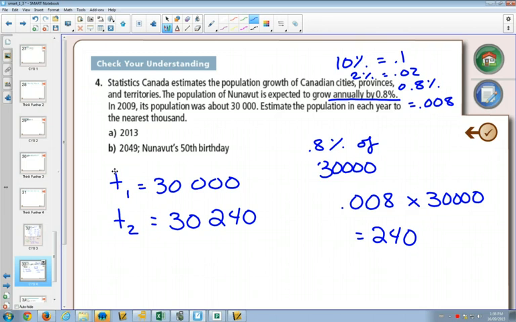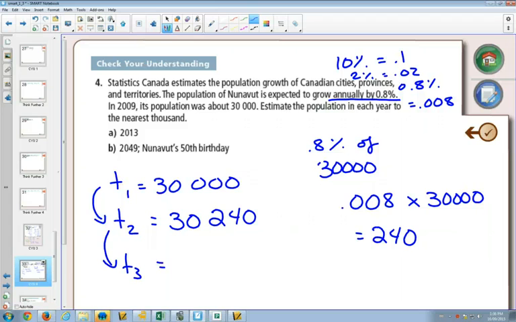It's going to ask for 2013, but you would have to go from there and add 0.8% to 2010. And then you'd have to add 0.8% to the next one. So we could keep doing this process from here to here, and then find term 3, which will be 2011, and then term 4, which will be 2012, and then term 5, which would be 2013. Or we could notice that we're multiplying by the same number every time.